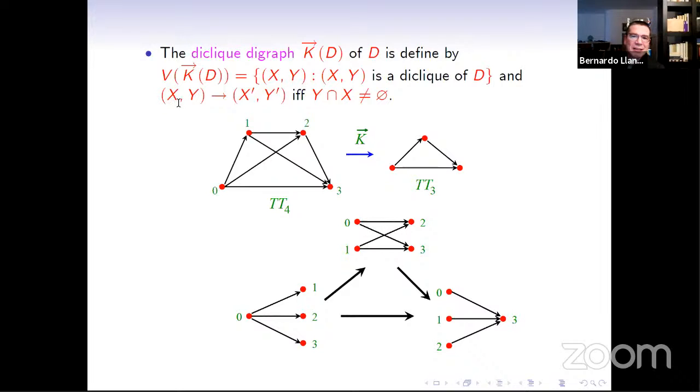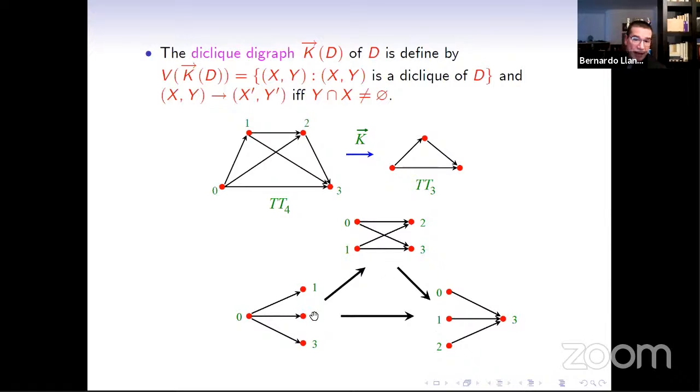I will put an arrow from a bipartite digraph to this bipartite digraph, I think I have to put the prime here, if the intersection of Y with X prime is not empty. For example, here, these and these are not empty. I put an arrow here, I put an arrow here because of the 2, I put 1 here, and you can check there are no more arrows.